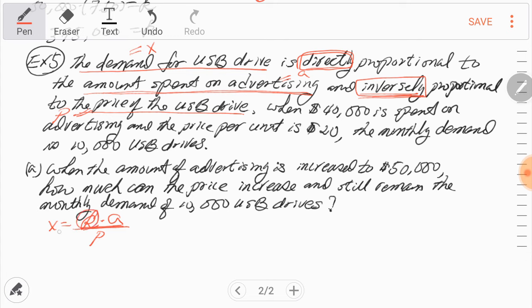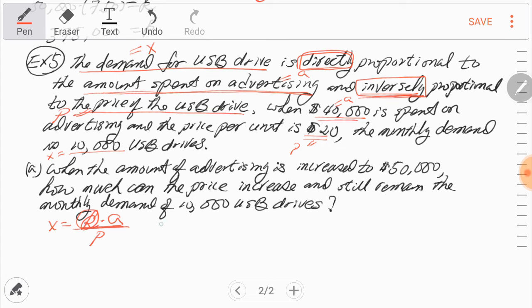All the values for these three variables, A, P, X, are given. So when $40,000 is spent on advertising, A is 40,000. And the price per unit is $20. The 20 is the price of the unit. Then the monthly demand is 10,000 units, so X is 10,000.